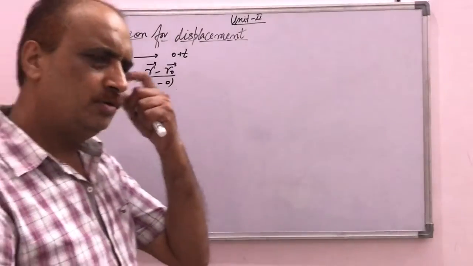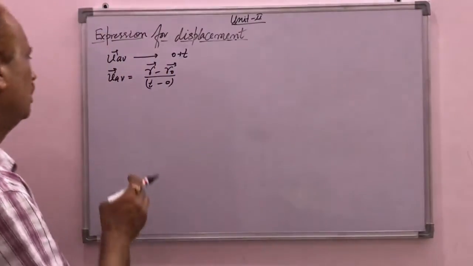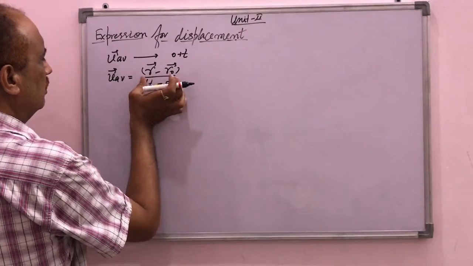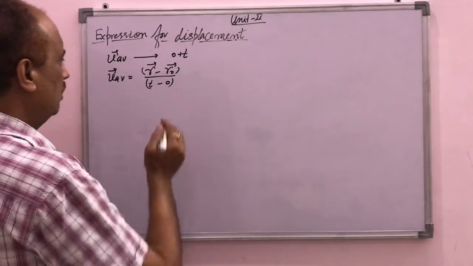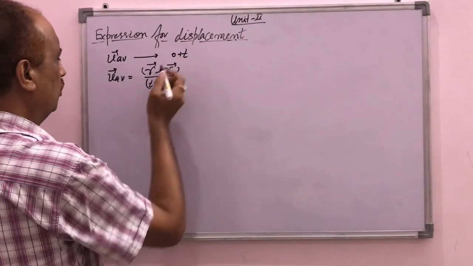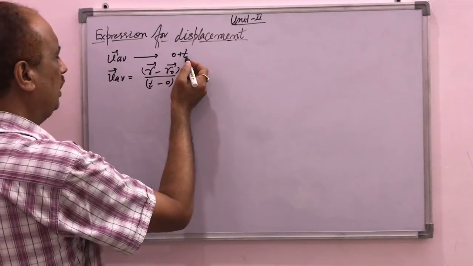Actually, we have to use the formula that velocity is equal to distance upon time. Now in vector notation, the distance is the difference of the two position vectors. R naught is the initial position vector at time t equal to 0. R is the final position vector at time t equal to t.